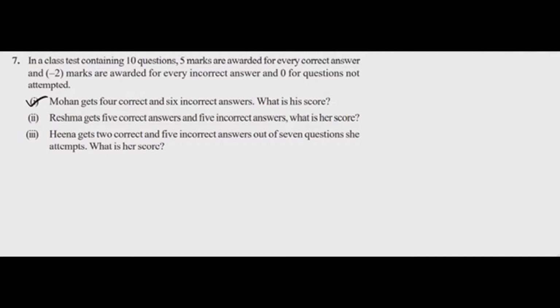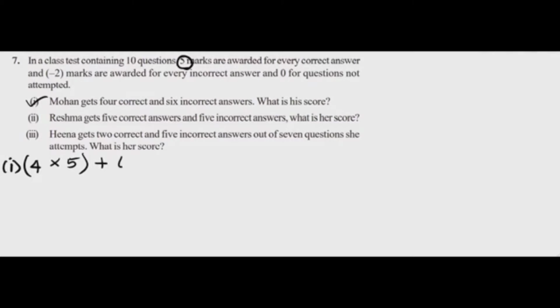Mohan gets 4 correct and 6 incorrect answers. What is his score? Mohan gets 4 correct answers, and the correct answer mark is 5, right? Here in the question they have given 5 marks for correct answers. So 4 times 5, and I am just adding 6 incorrect answers.